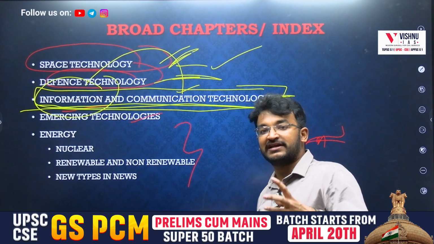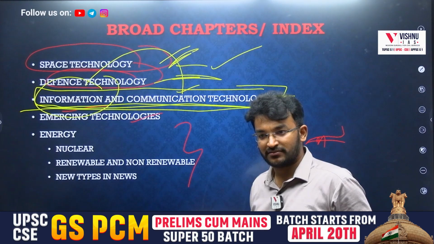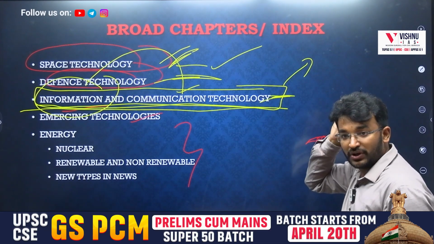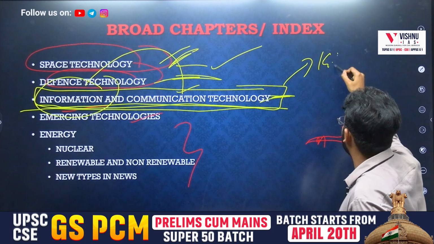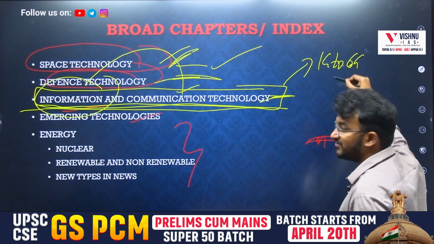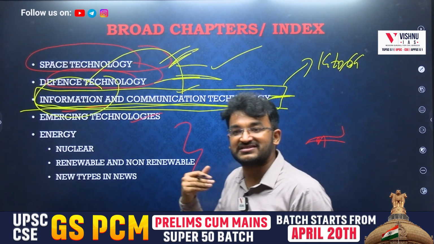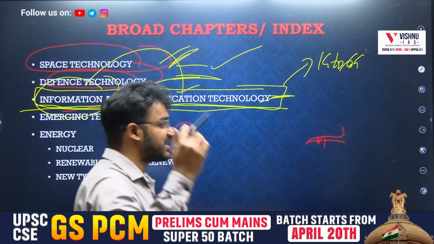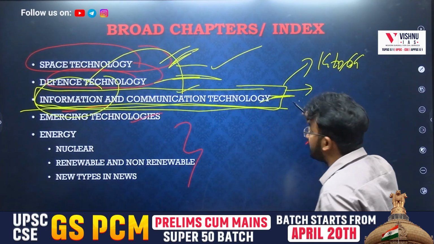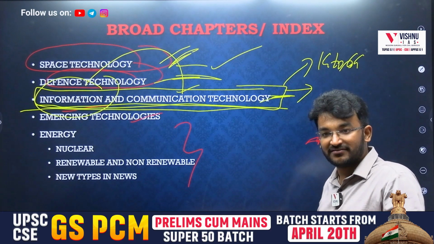Tell me what are the different mediums you are using for communicating information. For example, you are using a mobile to inform. Here we will be seeing from 1G to 6G. 6G is also coming. The Government of India has announced the Bharat 6G Alliance and Bharat 6G Vision. We will be studying those things here. Then you might be using WhatsApp and all, for which you use the internet.